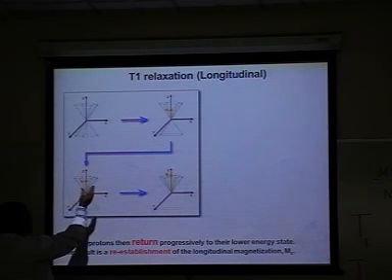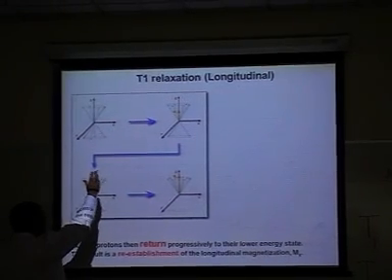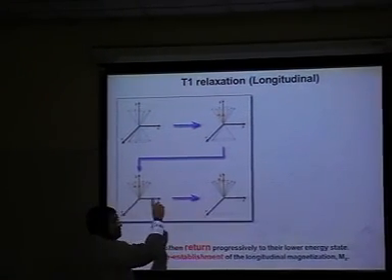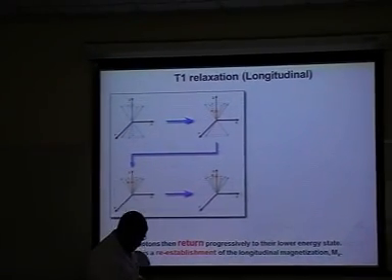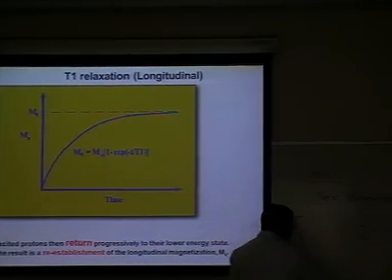And then as they align, we see MZ grows, right? And then it continues until you go back to the initial magnetization when you first turn the magnetic field on. So let's look at these two, and we've discussed this many times.